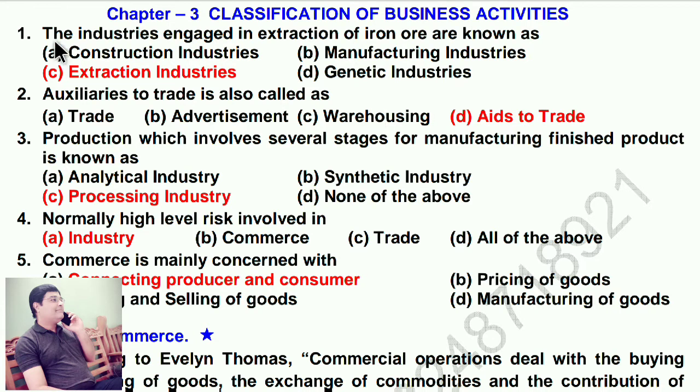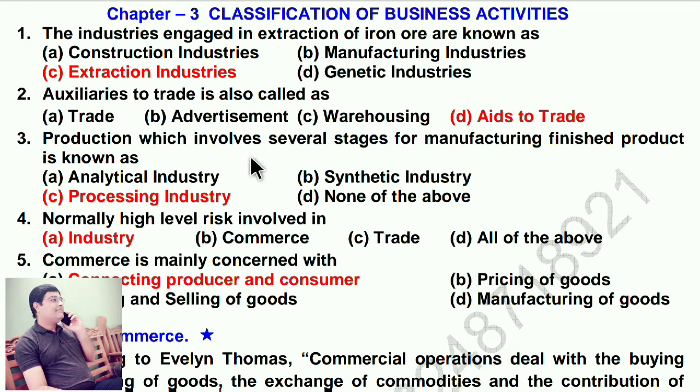11th Commerce, Chapter 3, Classification of Business Activities. The industries engaged in extraction of iron ore are known as extractive or extraction industry. Auxiliary to trade is also called as aids to trade.